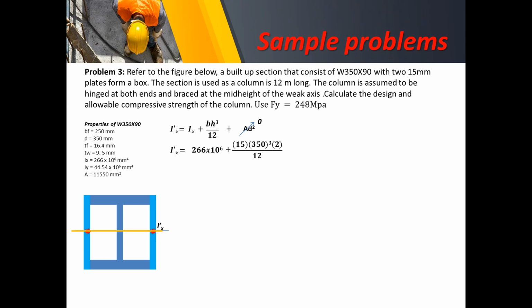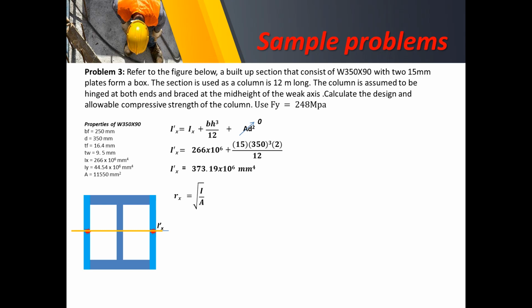It so happened that the centroid of those additional plates coincides with the center of gravity of your W350 by 90, which is at the mid depth. So we'll just simply calculate that one without considering Ad squared, because Ad squared is 0. We'll come up with the value of 373.19 times 10 raised to 6 millimeter raised to 4.